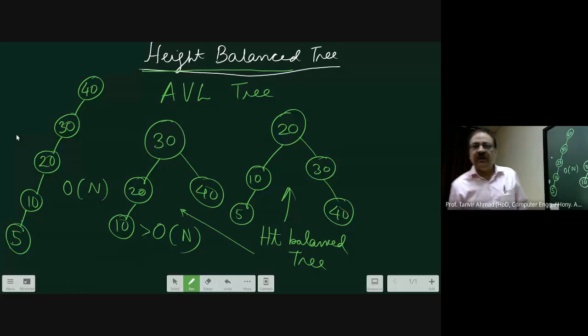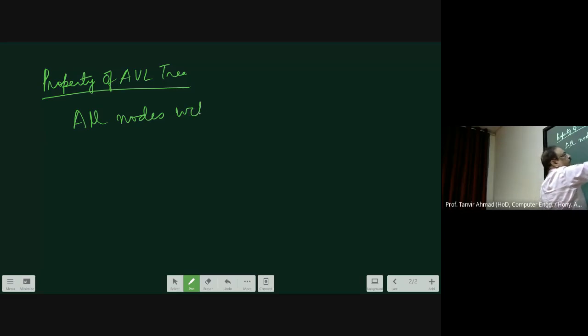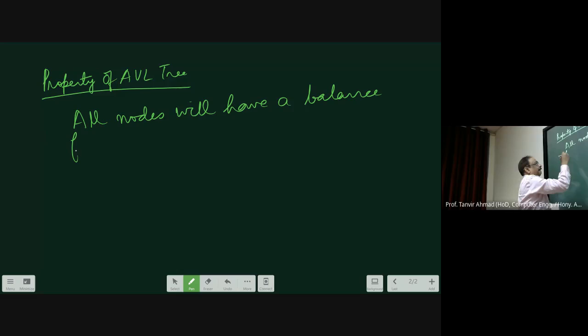Once you make a tree, you have to make sure how you can call a tree height balanced.